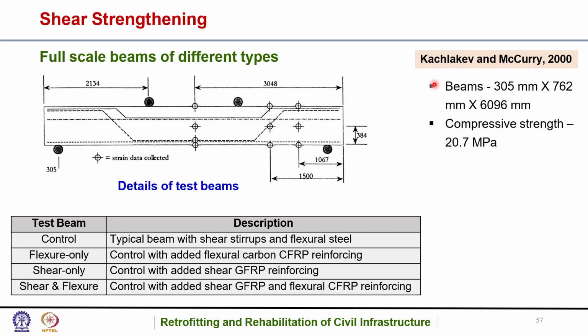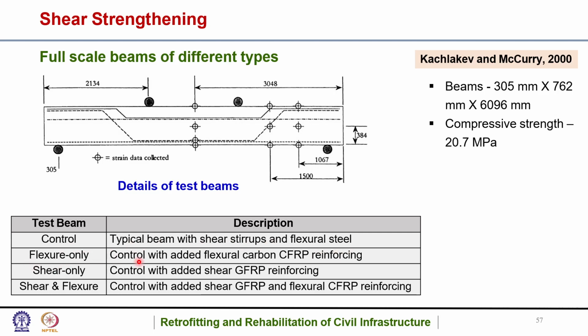This study was performed by Katsaslakev and McCurry in 2000. It shows full-scale beams of different types, and this was the detail of the test beams. The beams were 305 by 762 by 6096 mm in dimension, with a compressive strength of 20.7 megapascal. Test beam A was the control beam, a typical beam with shear stirrups and flexural steel.